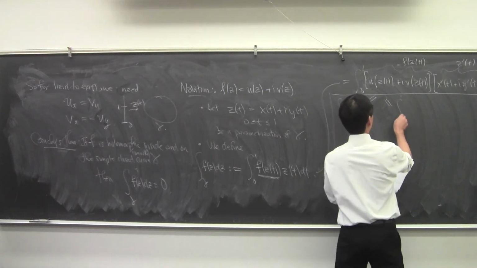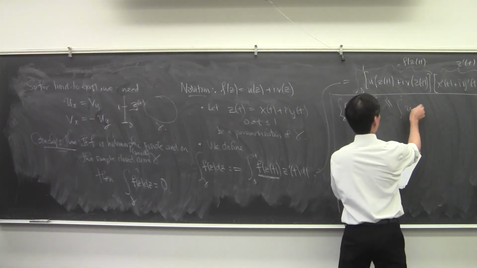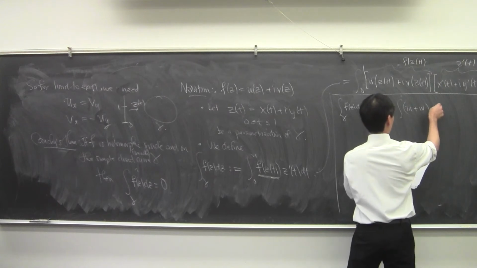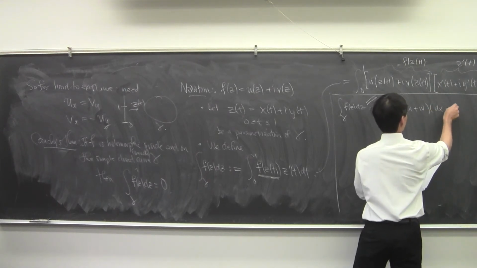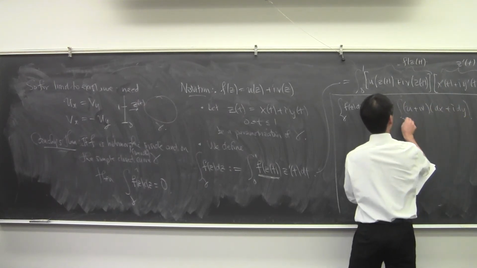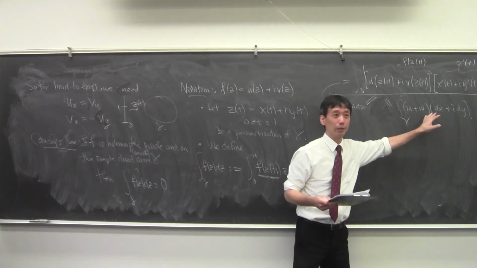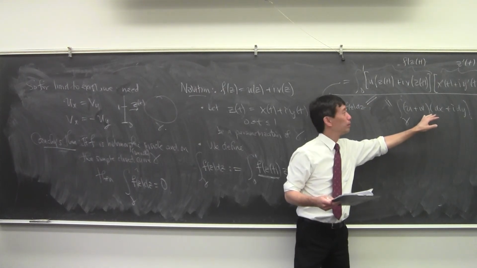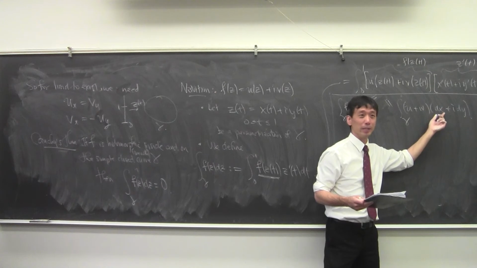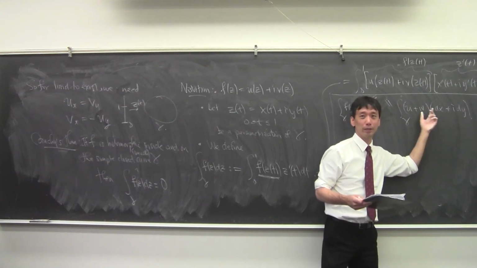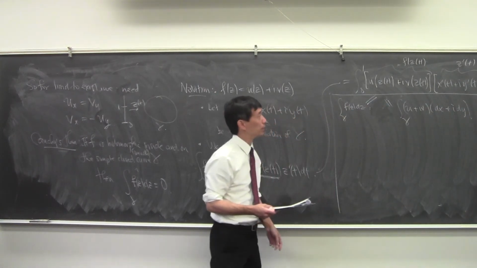Which I can also write as the integral of u plus iv times dx plus i dy, using the notation that we had earlier in the term. You remember this, integrating against dx, integrating against dy notation.